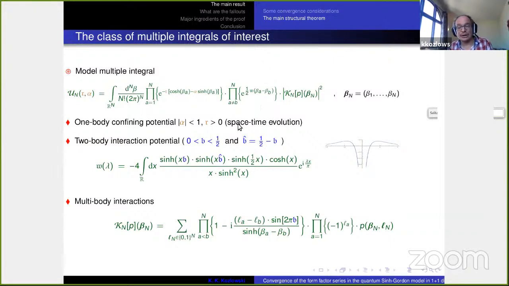This compensation can lead to a behavior which grows exponentially, or decays like a Gaussian. If the two-body interaction is too repulsive, for instance, the integral would just blow up with n. I think Fedor Smirnov also advocated some problems of convergence in the O(3) model. So maybe there's a similar thing.